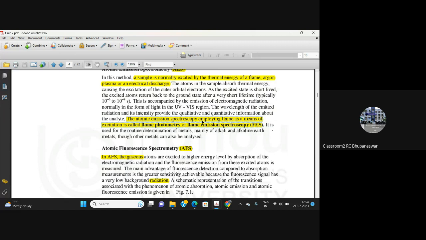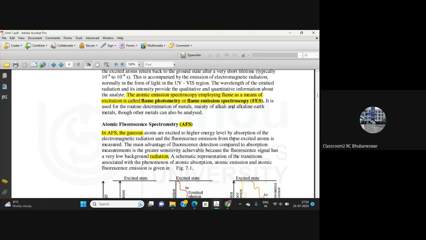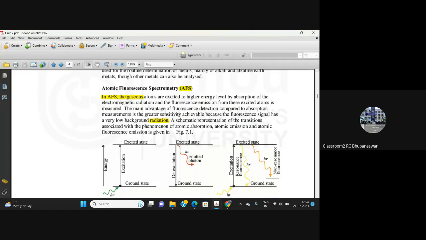It is used for routine determination of metals, mainly alkali and alkaline earth metals. In AFS, the gaseous atoms are excited to a higher energy level by absorption of electromagnetic radiation.